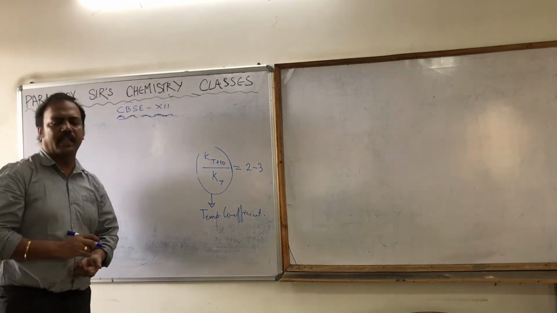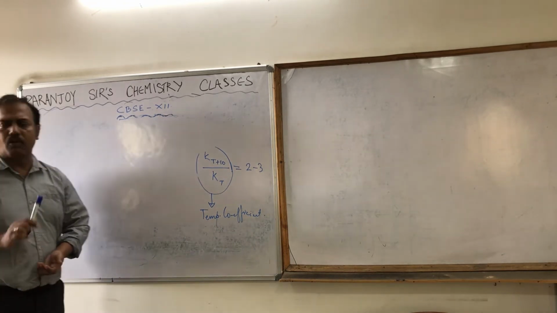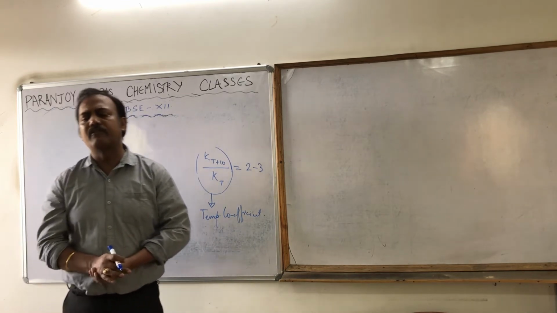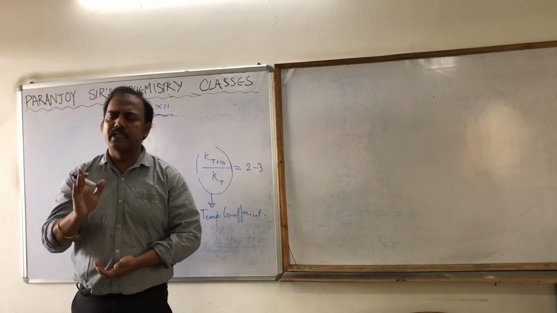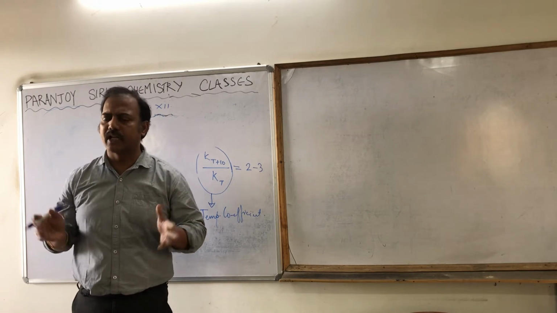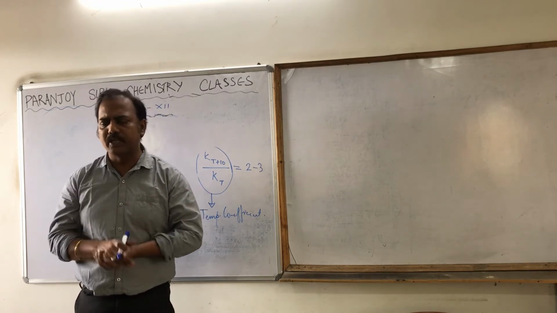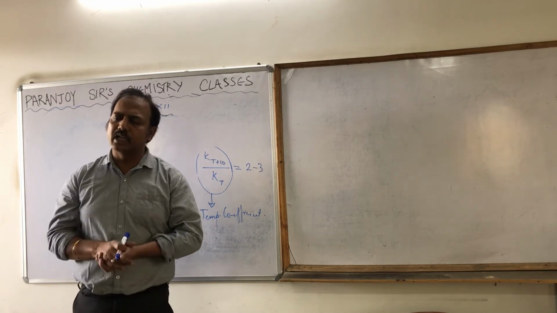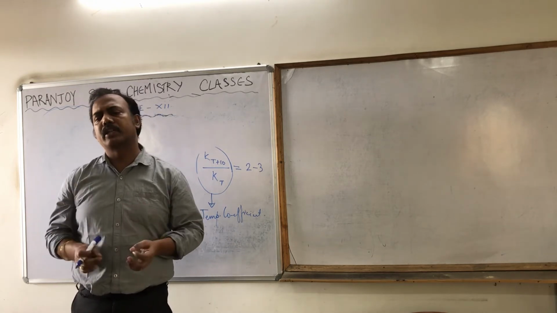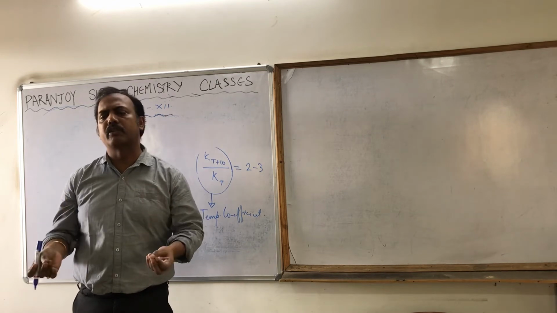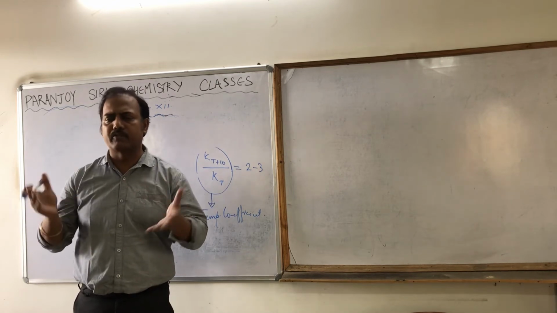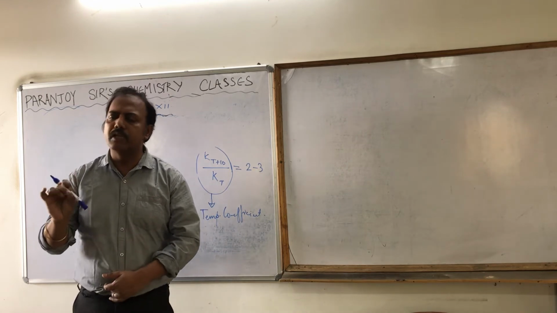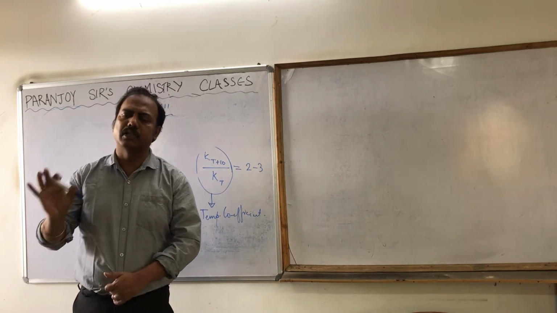Out of 100 molecules, only those molecules will undergo the reaction which have minimum kinetic energy. All have different kinetic energies, all are moving at different speeds, different velocities. If the velocities are different, obviously the kinetic energy will be different. Out of the total number of molecules, whichever molecules have the minimum energy will undergo the reaction.